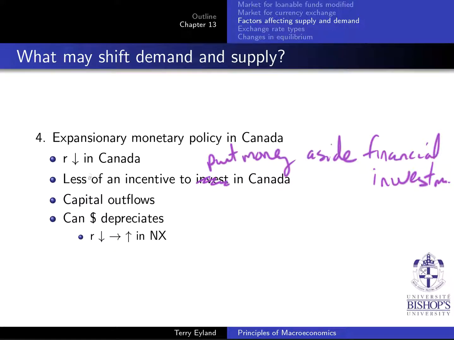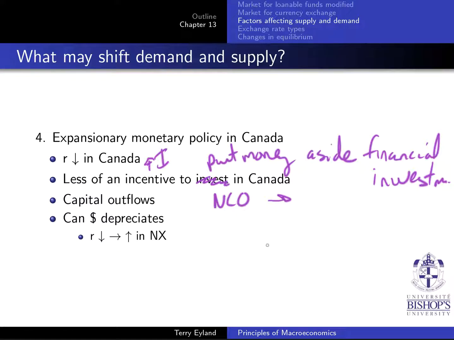So this drop in interest rates is to stimulate GDP, but at the same time, it makes money flow elsewhere. So there's capital outflows. As more money flows elsewhere, we would see the net capital outflow curve and the demand QA shift right. And as that happens, the real exchange rate falls.